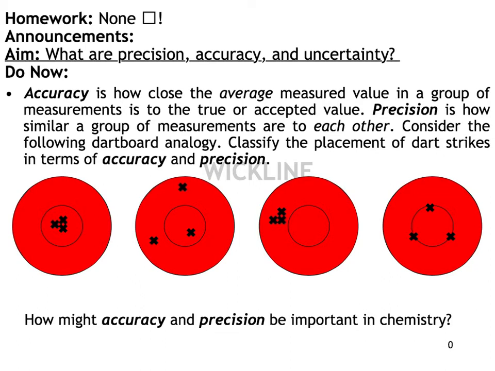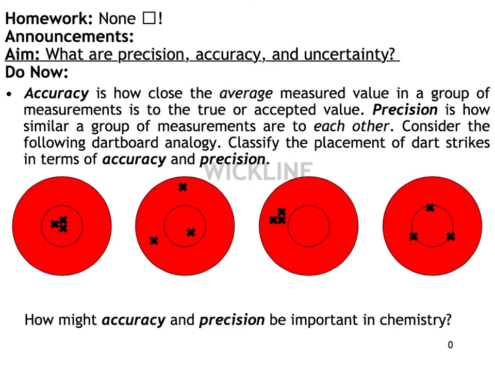So if you take a bunch of measurements from the same device or even different devices and you average them together, and that average number is close to the actual value, then we're going to call that an accurate reading because it has to do with the average being close to the actual.